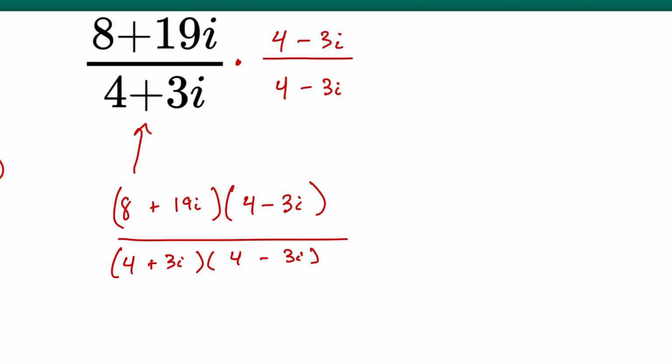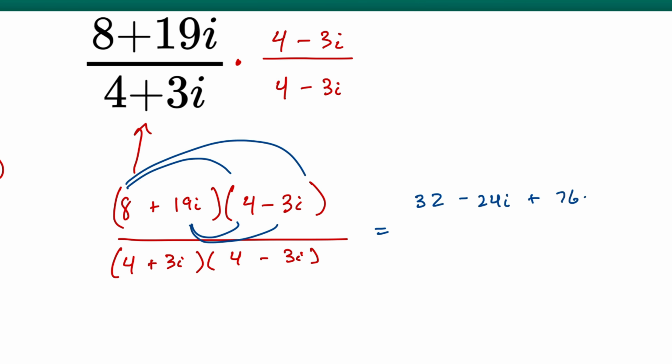Okay? And then we go through 8 times 4, 8 times negative 3, 19i times 4, 19i times negative 3. And we're going to get, let's see, 32 minus 24i plus, 40, 36, 76i minus, man, a lot of bigger stuff today, 57i squared.